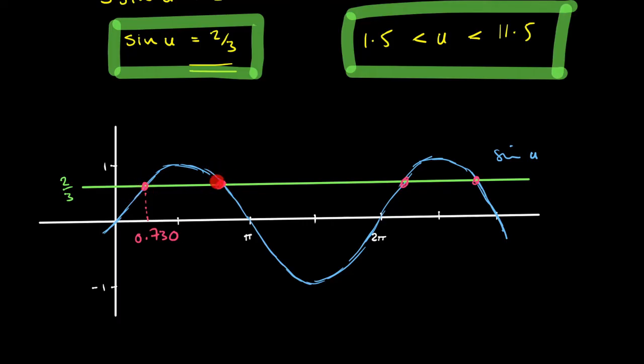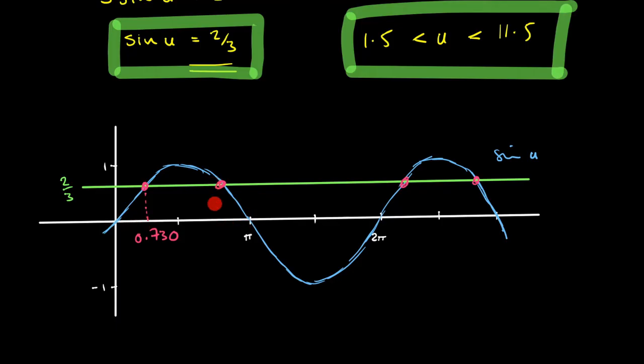Now, how can we use that to find this value? Well, we can use the property of symmetry. The graph is symmetrical about pi by 2, so that line there. And that means that this point is symmetrical with that point, and that point is symmetrical with that point. That means that this distance, between 0 and 0.730, has got to be the same as this distance.